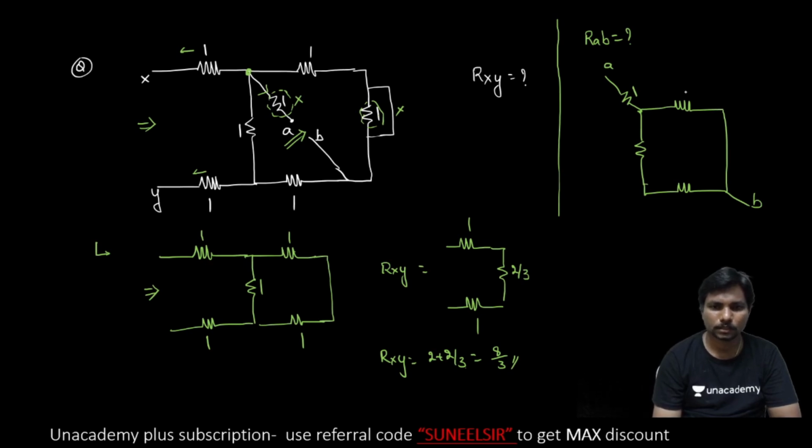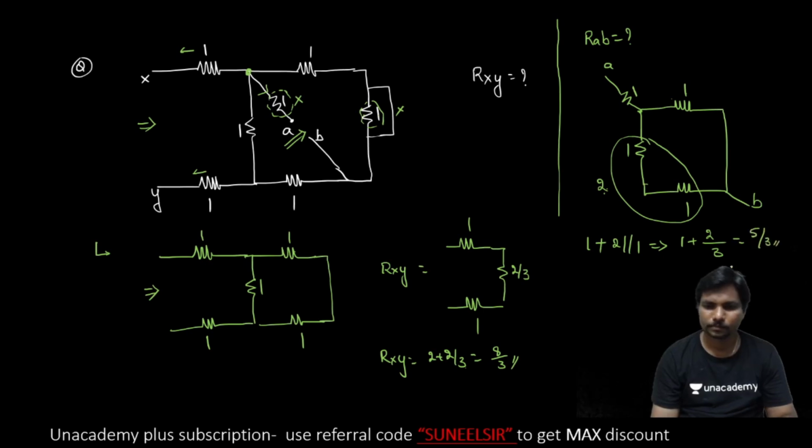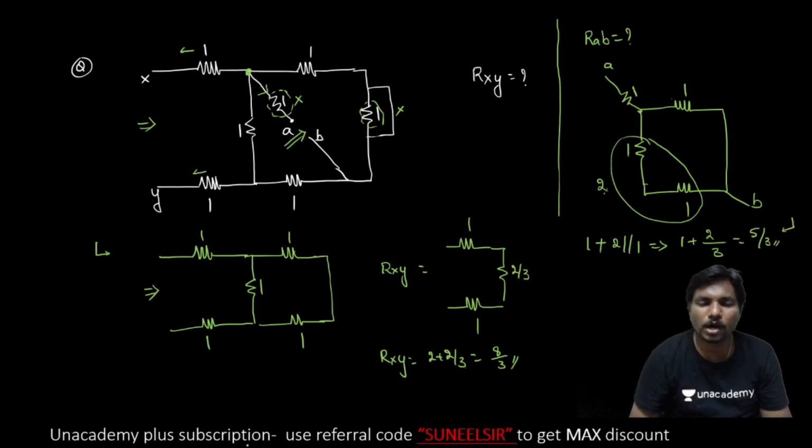So 1, here 1, here 1, here 1. 1 in series with 1 is 2, and 2 parallel to 1, plus 1. 2 into 1, 2 by 2 plus 1, 3. So 3 plus 2, 5 by 3. You get the answer as 5 by 3.